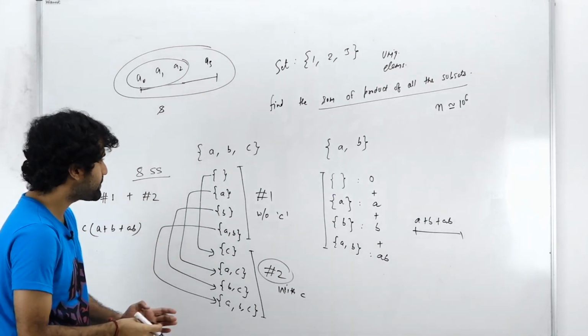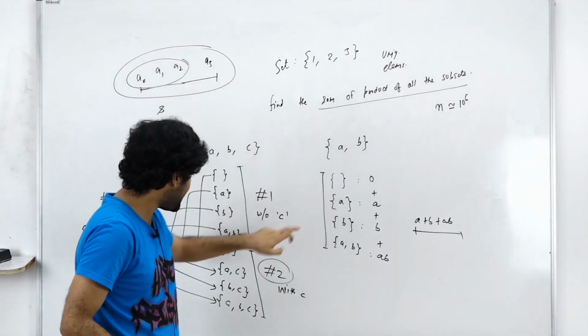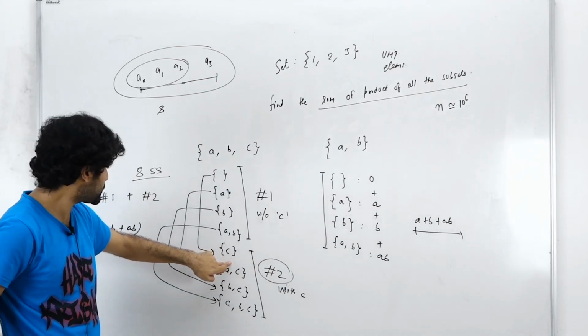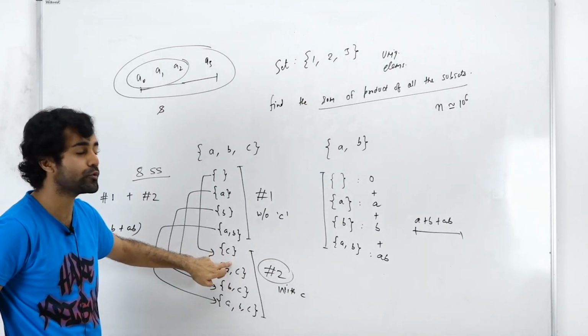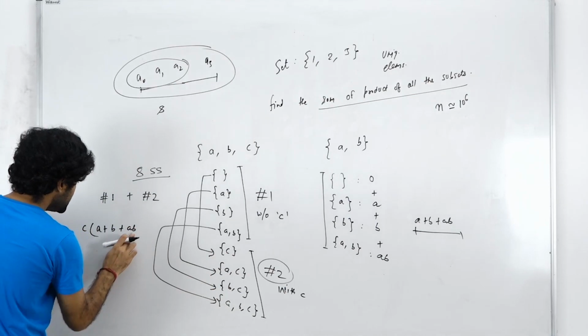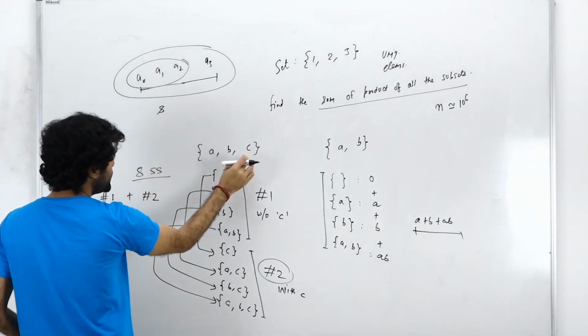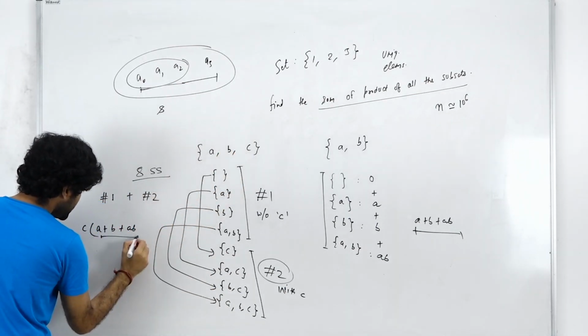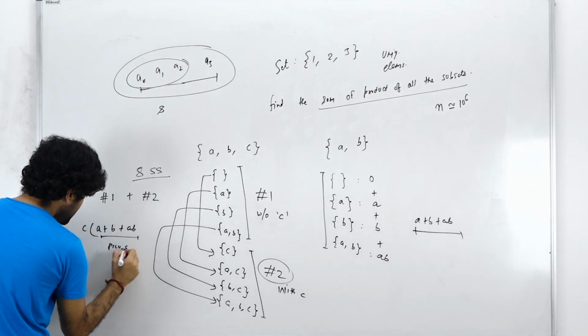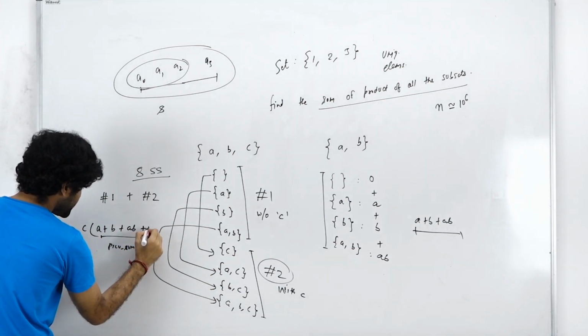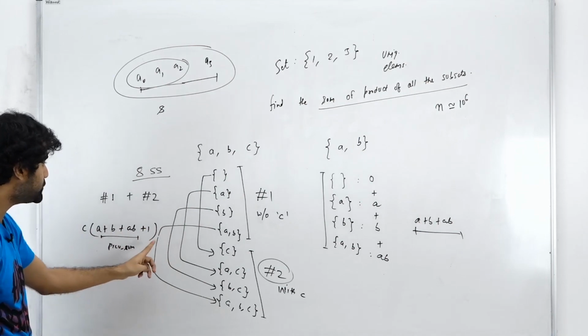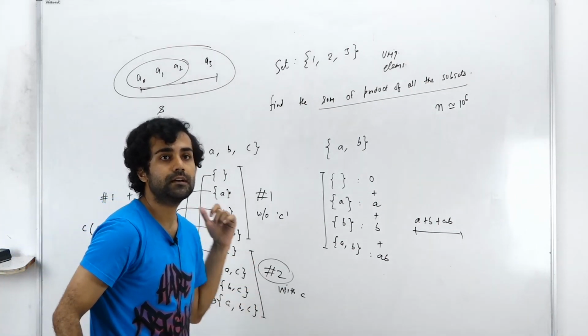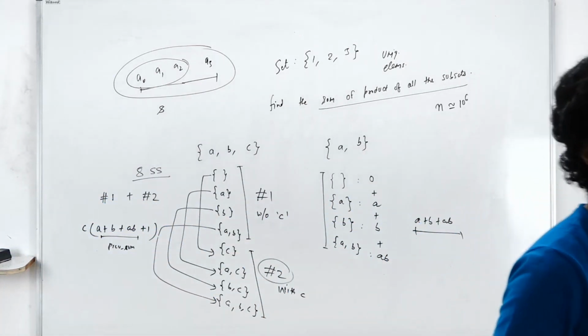But one more thing, this is empty and a C came over here, so the contribution of this has to also be counted. So it will be C times of previous sum plus 1. So this will be the contribution of category 2. Is that clear to all?